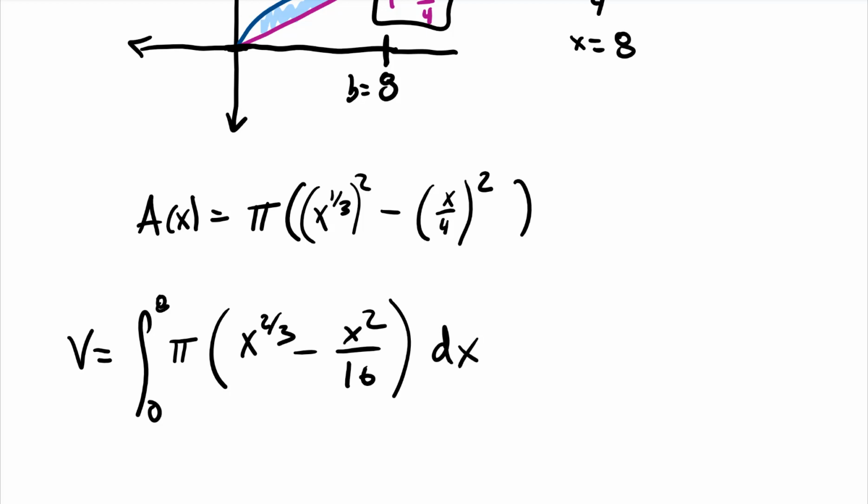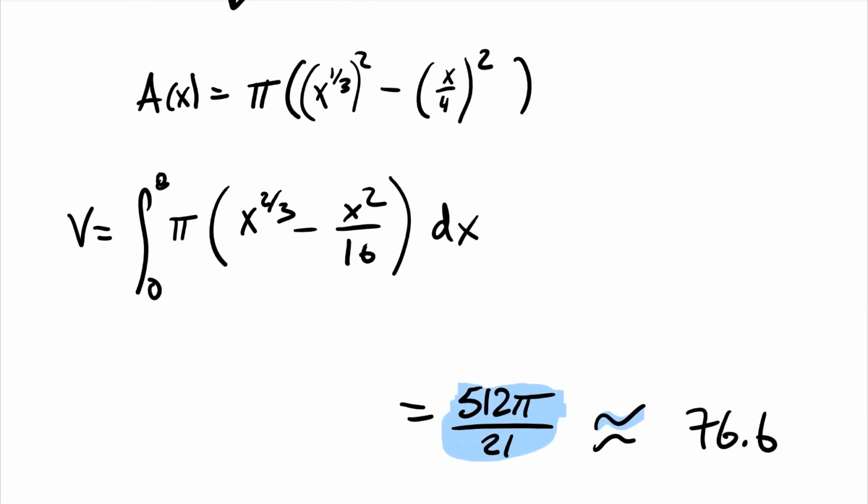Oh my goodness, those numbers are going to get pretty gross. That's that other volume we were checking out. So we're going to get pi times, we add 1 to that exponent and get 5/3.